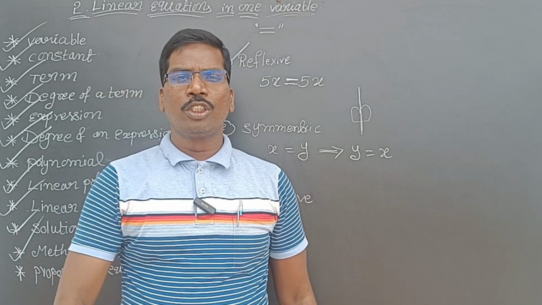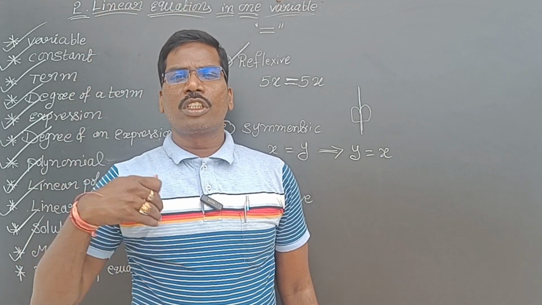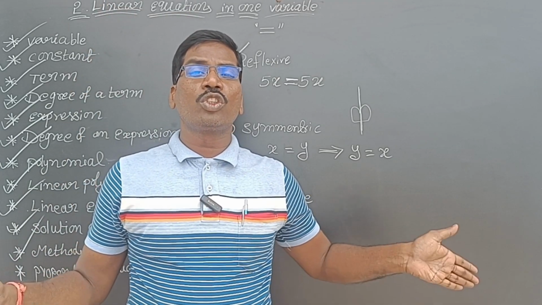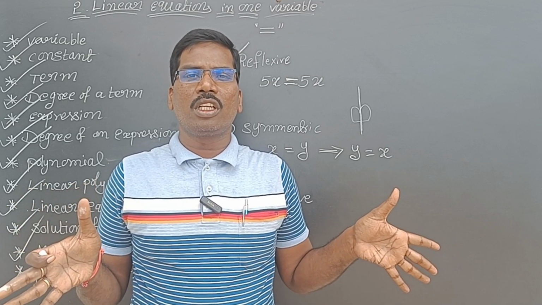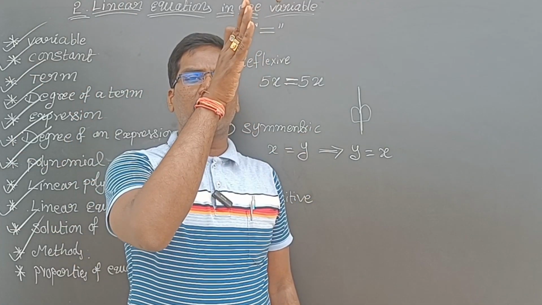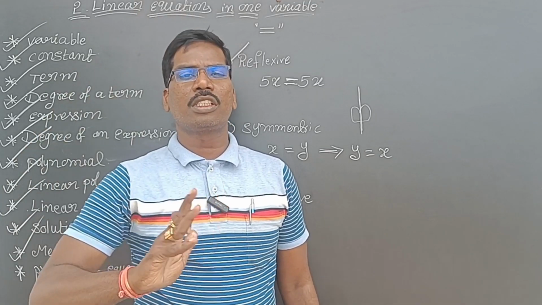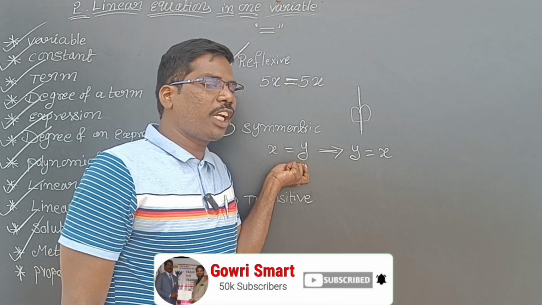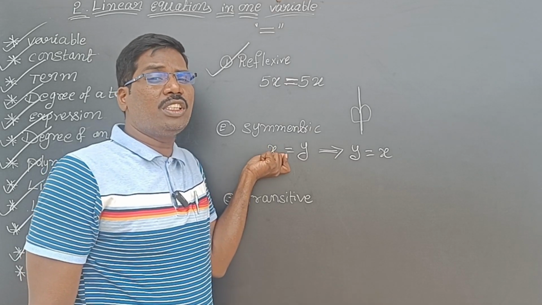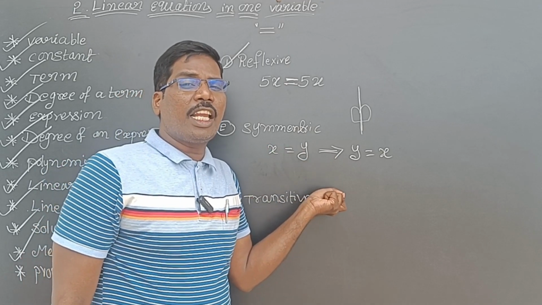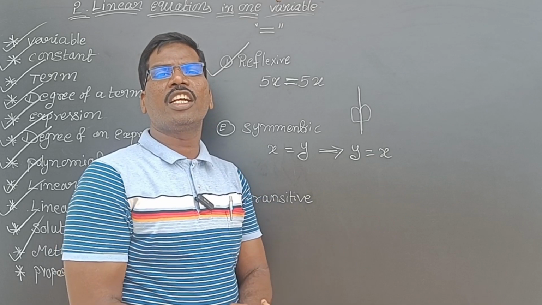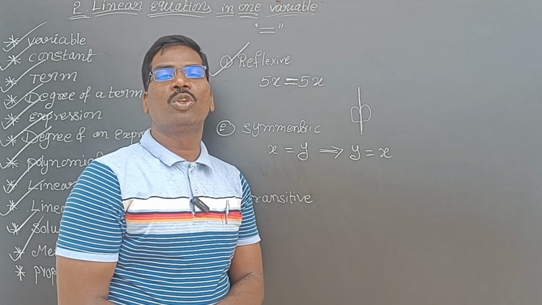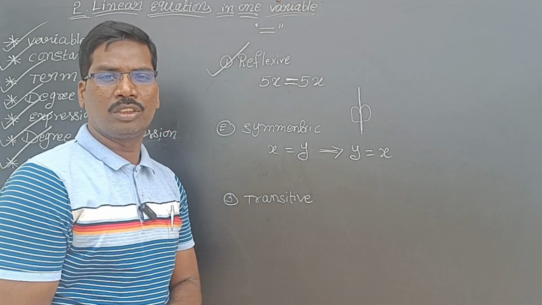Our body is symmetric: if I draw a vertical line, whatever is on the left side and right side are equal to each other. So if the first number is equal to the second number, then automatically the second term is equal to the first term. Those are equal to each other.